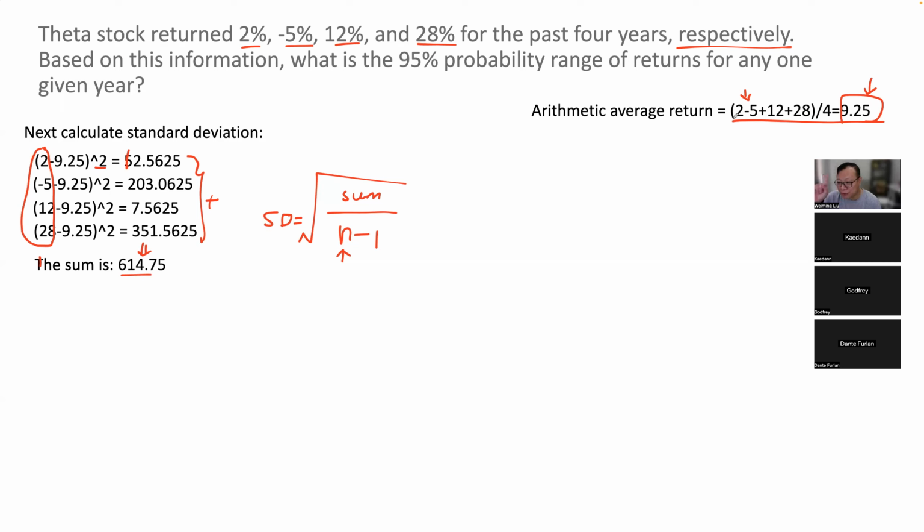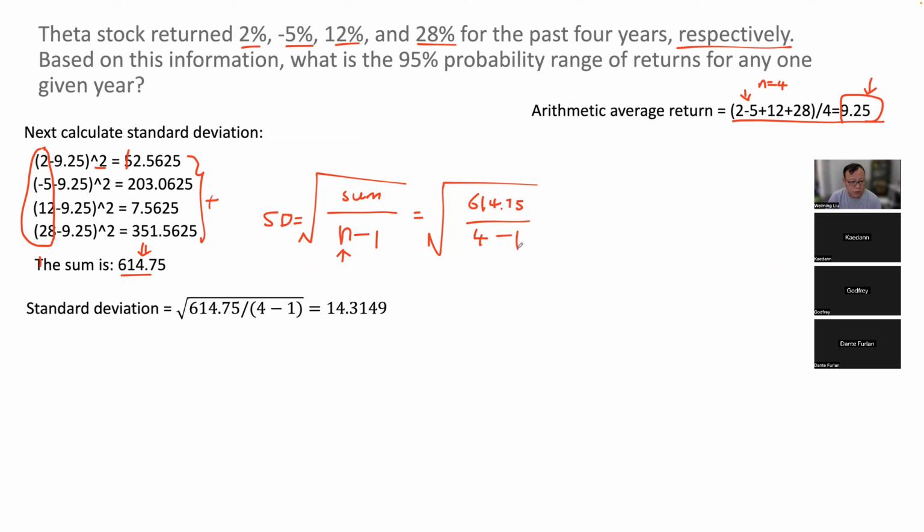They lost 1 degree of freedom. There are 4 observations, n equals 4, but you have to minus 1 because you lost the freedom. Okay, so this is going to be the square root of 614.75 divided by 4 minus 1. What I got here is 14.3149. Usually in stats terms, the symbol for the mean is mu, right?